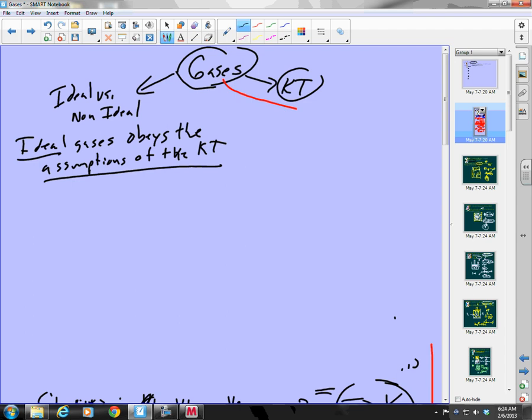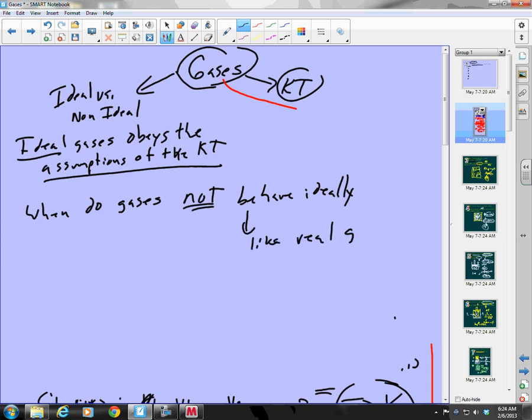And now the question is, when do gases not behave ideally? And if that means not behave ideally, that means when do they behave like real gases? When do they act like real gases? Okay, under 2 conditions. Well, number 1, under high pressure. When they're at high pressure, that means my gas particles are very close together.